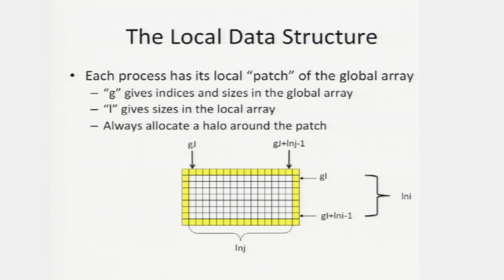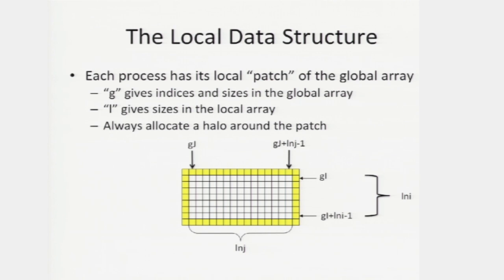The local data structure: when I go through the description of the code, there are a number of structs. In Fortran, that's a type with things in it. It has data about the decomposition of the processes into a mesh of processes and the global grid into these local patches. G is used to give the indices and sizes relative to the global mesh, and it's arranged as a matrix.